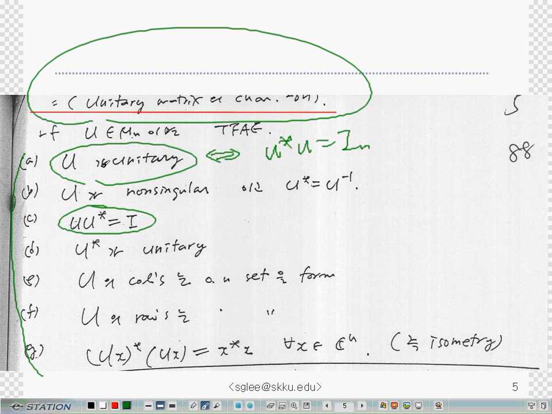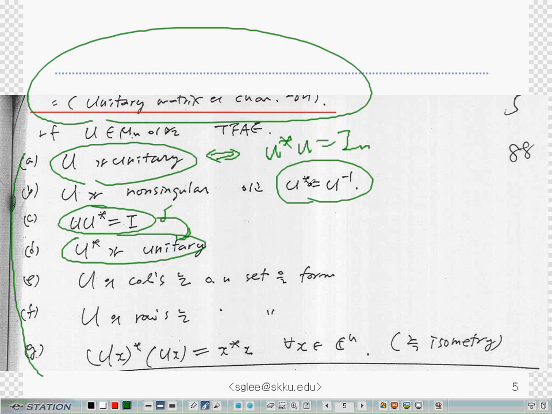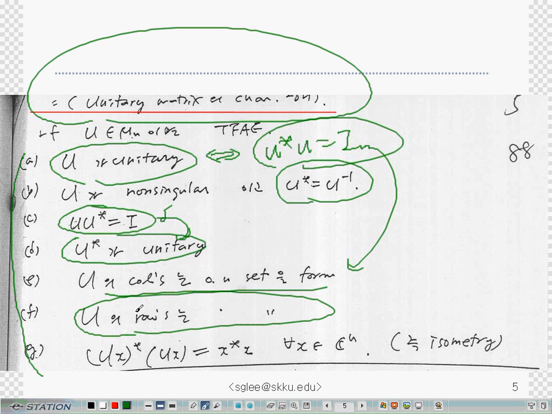And if it's unitary, then because of that, those two are equivalent statements. And from this definition, we know U star is equal to U inverse. And this gives us that the columns of U are also orthonormal sets, and also the rows of U are orthonormal sets. These are the things which were done in the elementary linear algebra class.